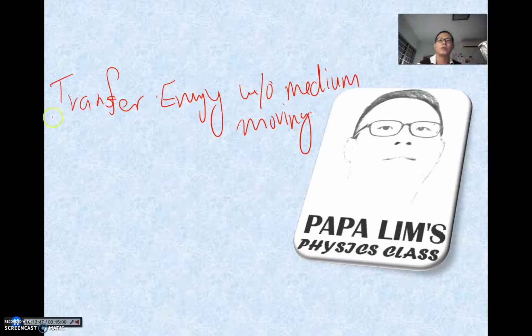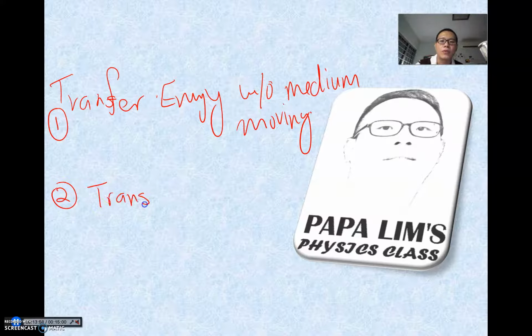So these are the two highlights that we have for this particular section, whereby we look at transfer of energy without the medium moving, and how we differentiate transverse waves from longitudinal waves.